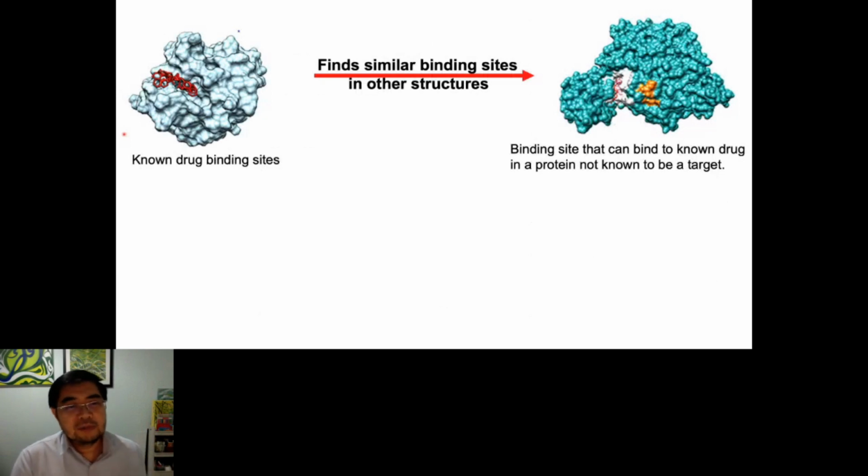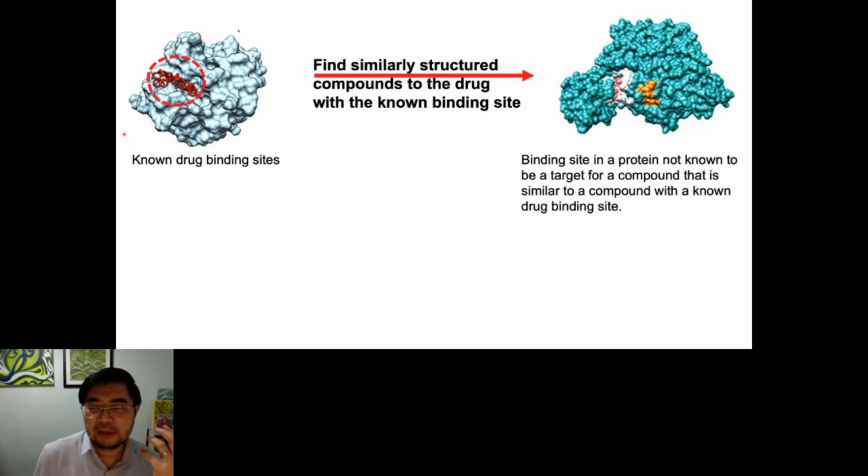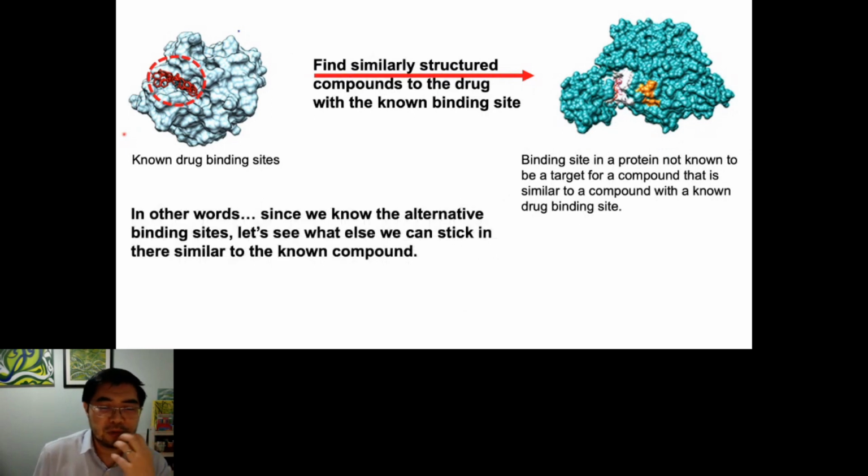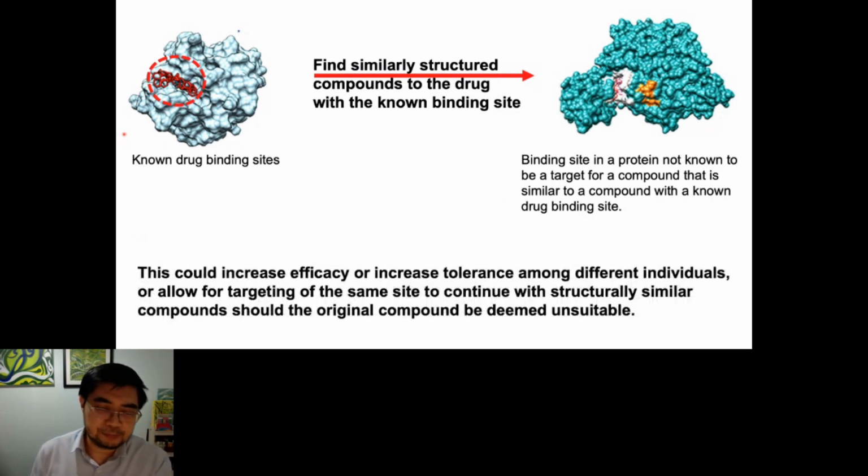So we've got known drug binding sites, and we try to find similar binding sites in other structures. But since we're able to know what that compound is, perhaps we can also see whether we can stick an alternative compound that can bind to that similar binding site.